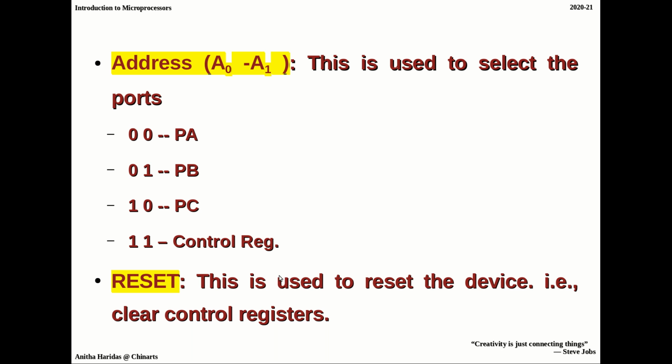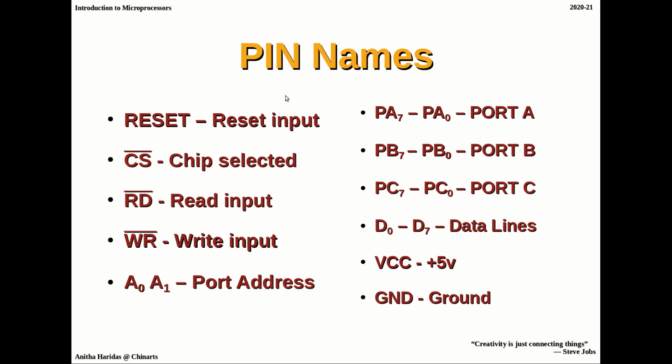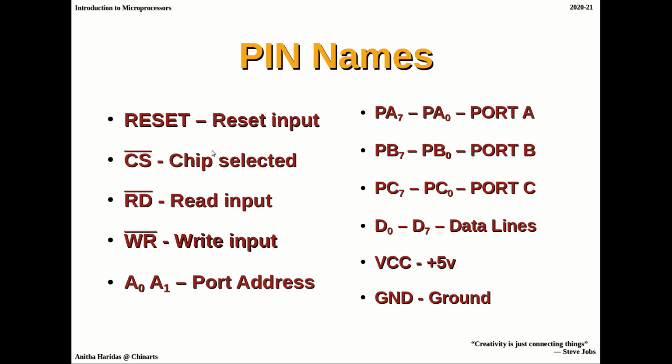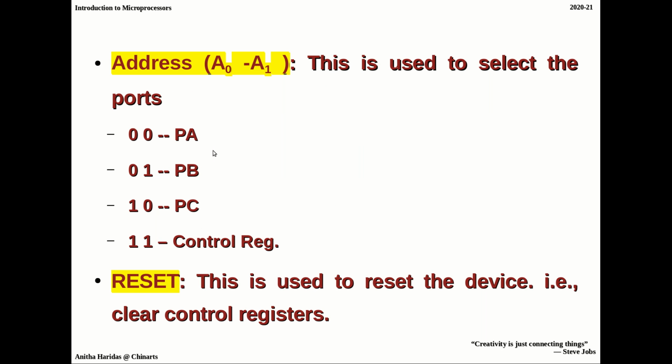Then we have the address lines A0, A1, these two lines, right? So these two lines are used to select any one of the ports. These are the lines that will specify which particular port has been selected for the data transfer. So if these two lines are having value 0, 0, then port A will be selected.